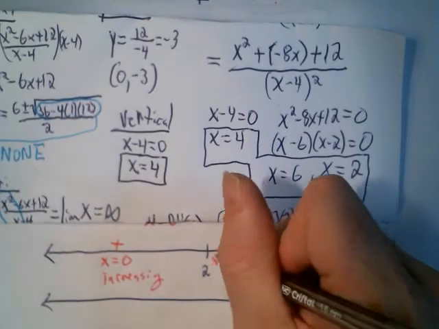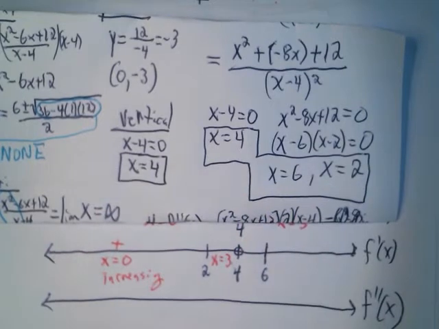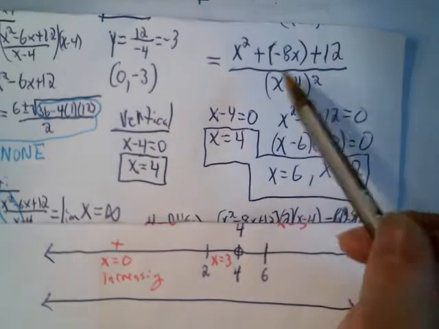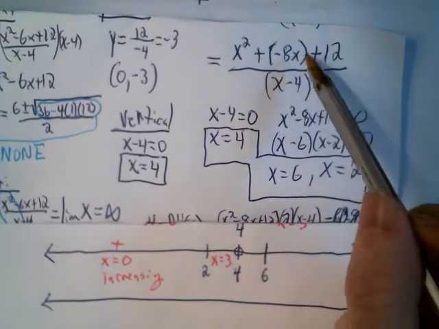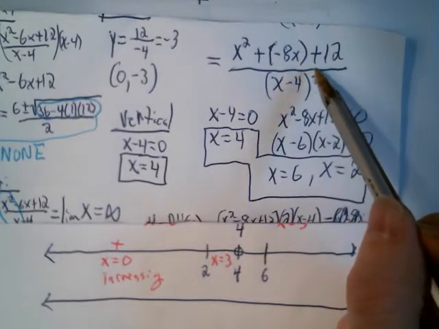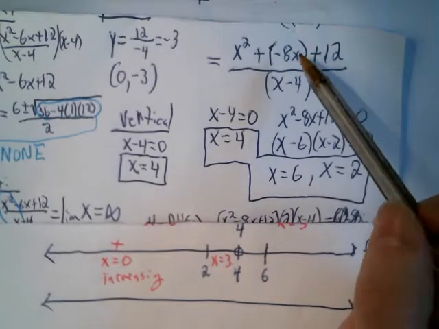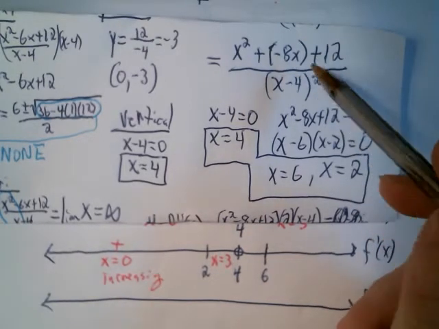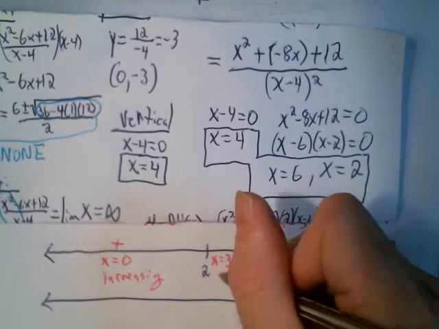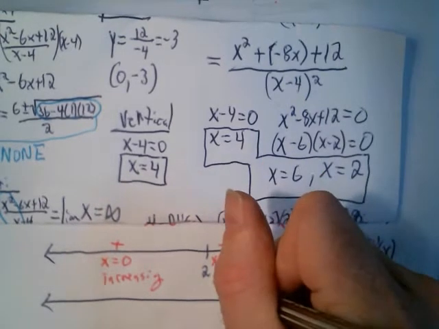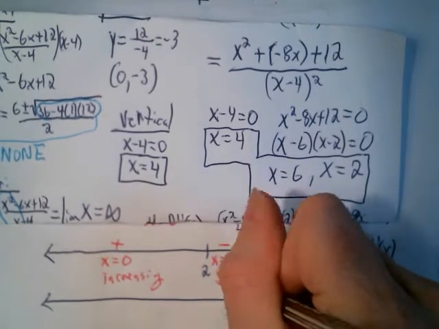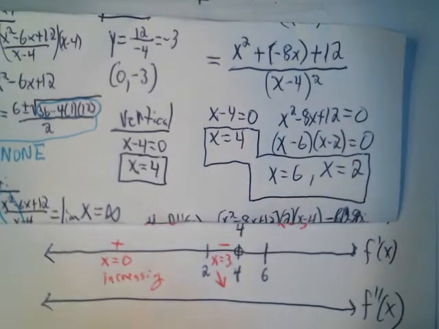Let's try x is 3. In this case, you plug in 3, you get 9 minus 24 plus 12. So 9 minus 24 is minus 15, plus 12 is minus. So it's negative and it's decreasing. I'll just put an arrow going down because I'm running out of room.